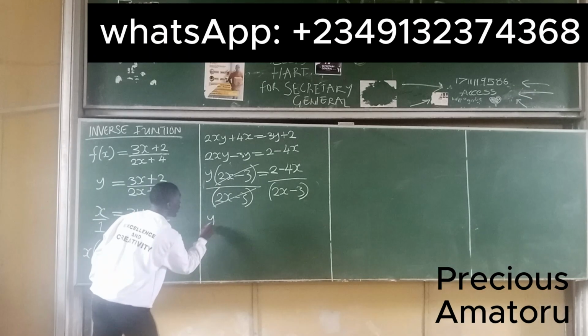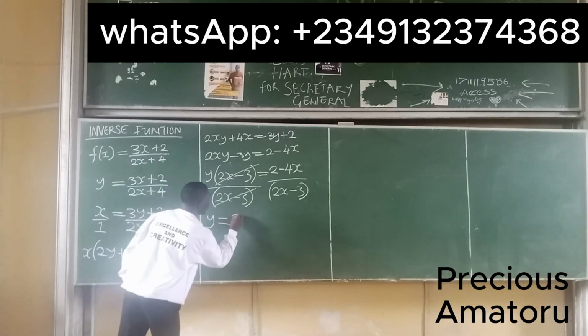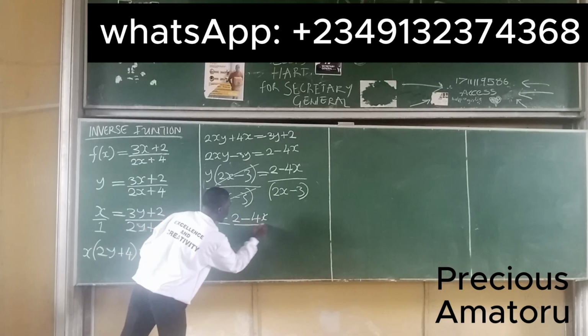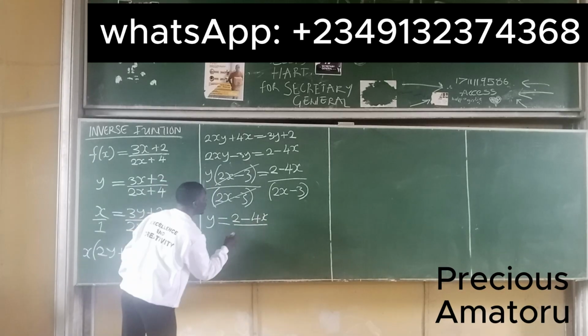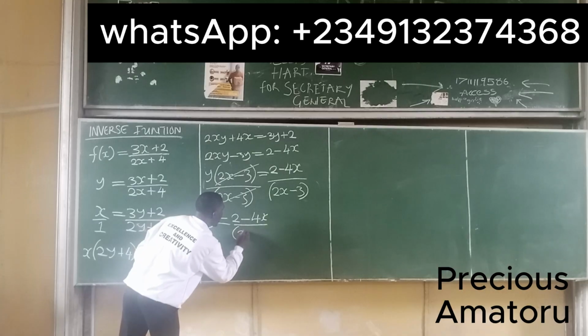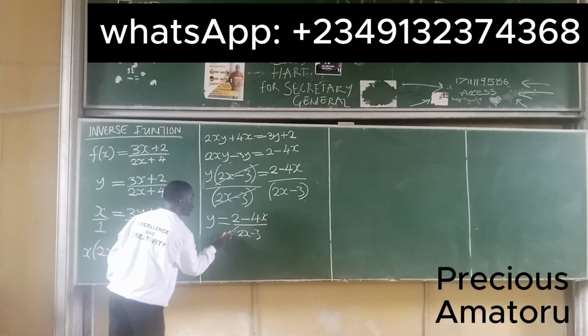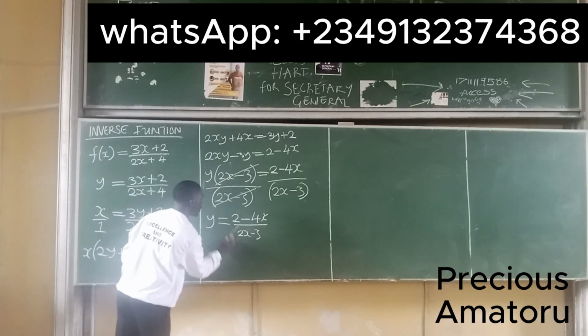So we have y equal to 2 minus 4x all over 2x minus 3. Basically, no need to put the bracket sign.